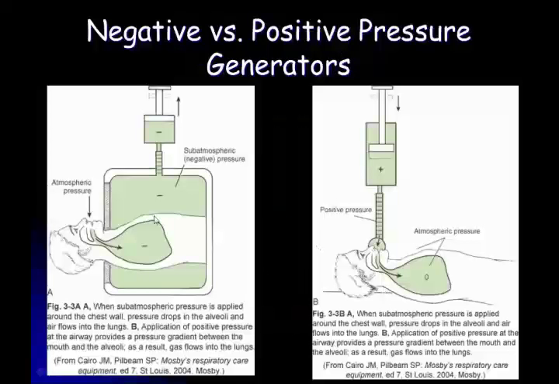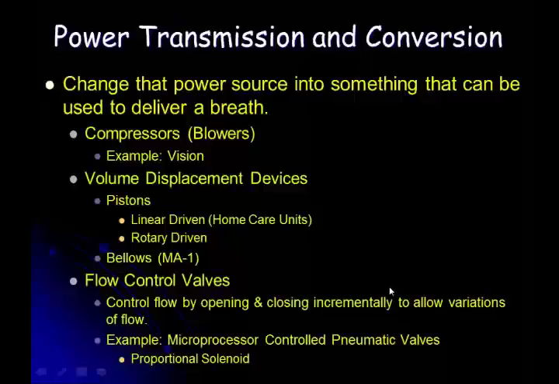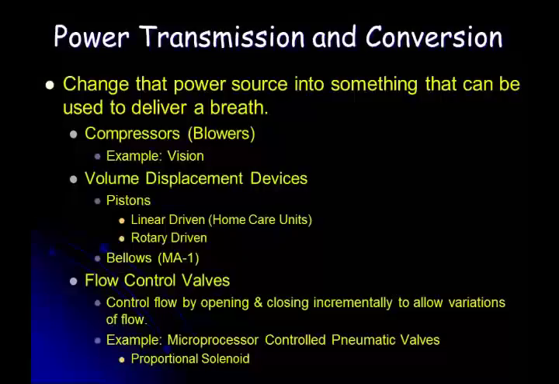Whether it's negative or positive pressure, we've talked about previously. Negative pressure generators are going to create a negative pressure external to the chest wall within a sealed chamber and cause inspiration to occur. Passive exhalation. Positive pressure ventilation, we create the positive pressure to push the gas in. So we need to have some kind of a mechanism to create this gas flow.